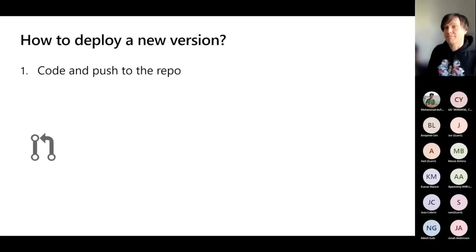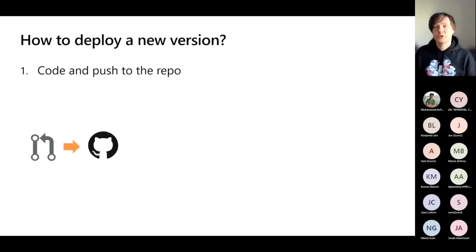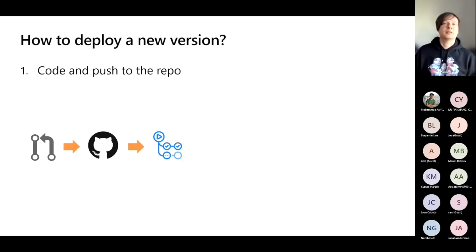Of course, under the hood, there are many things happening. I already started briefly explaining what's happening there. After you merge your new code to the main branch, it lands somewhere on, for example, GitHub, and then GitHub starts running a GitHub Action based on the flow which was created automatically for you after you connected your source code repository with Azure.